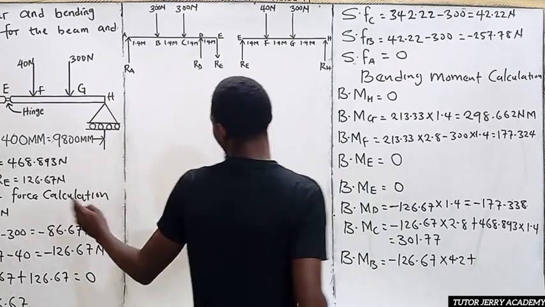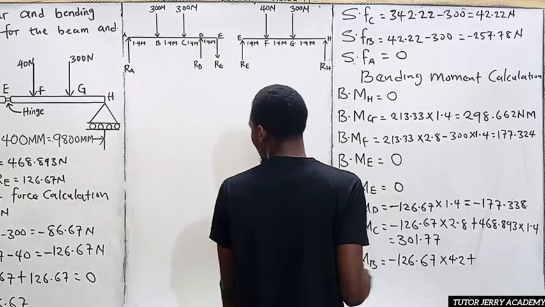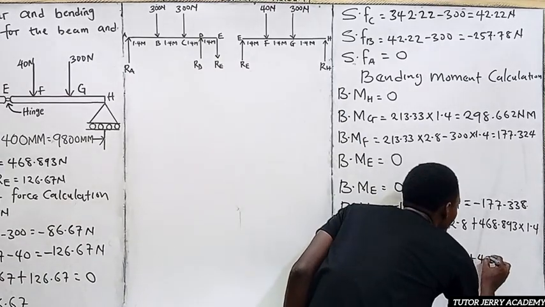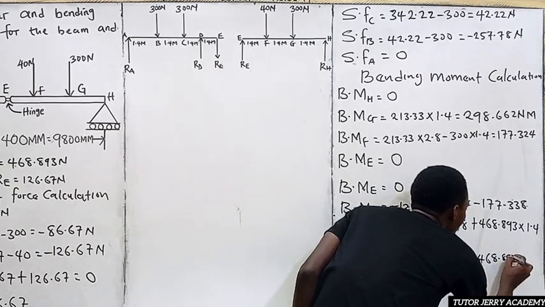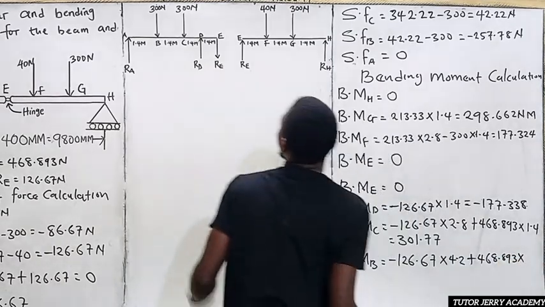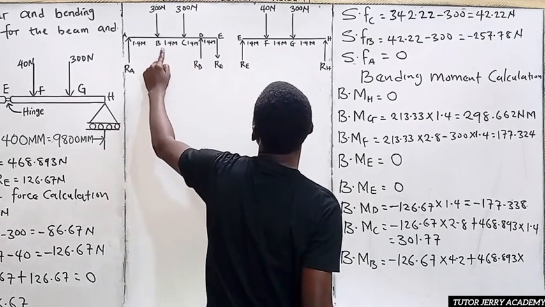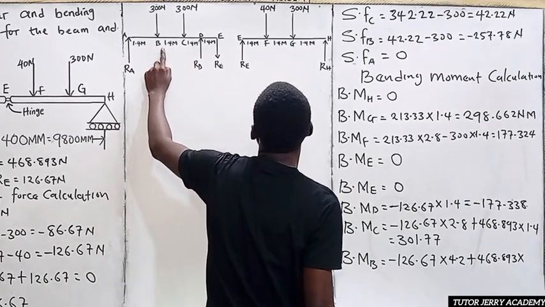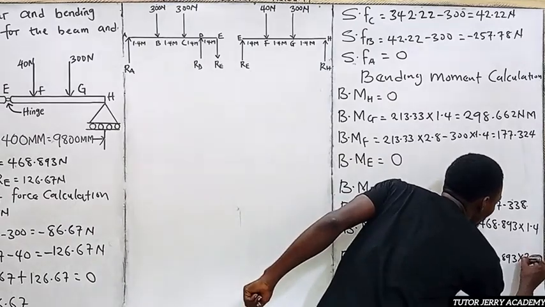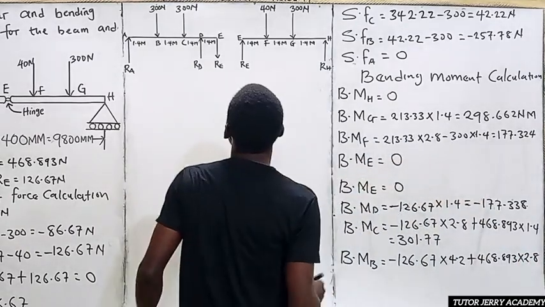Our ROD is 468.893 multiplied by the total distance here, which is 2.8.